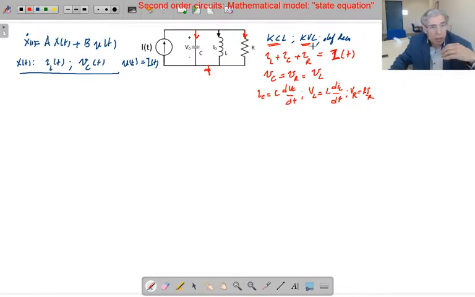So since I know this, I am looking for an equation in which I am going to say the derivative of VC over IL, and all the variables that I am going to see are going to be the state variables. These are ILT, VCT. And then I know that in the equation I must see also this UT.